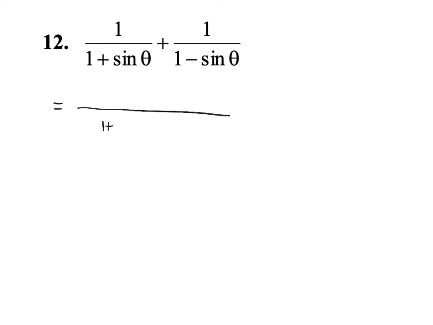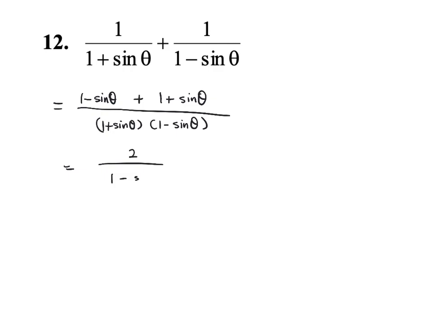You have to combine them, and then change the denominator and the numerator like this. So you have 2 over 1 minus sine square theta. So you can also change it back to cosine square theta like this.